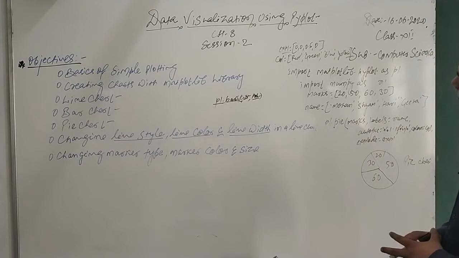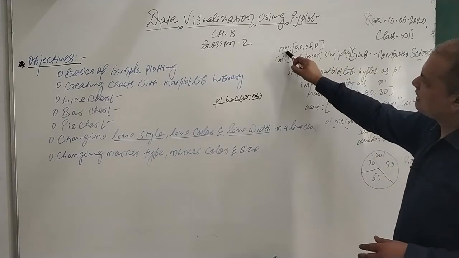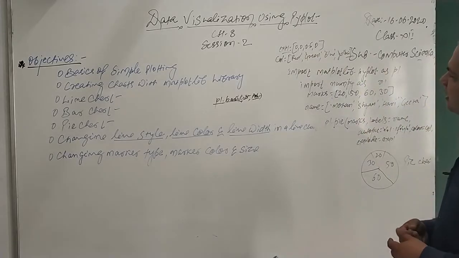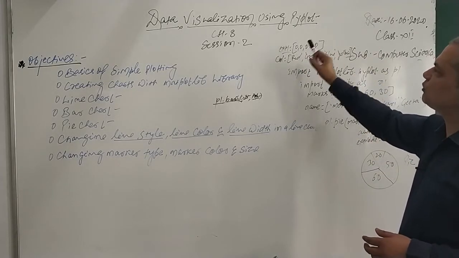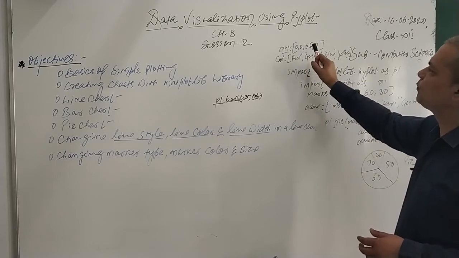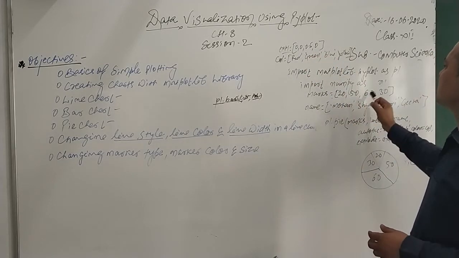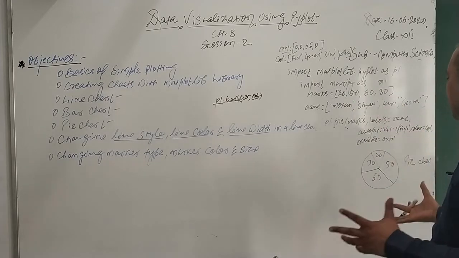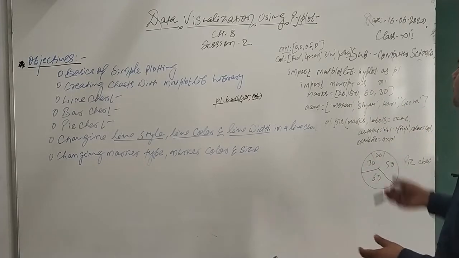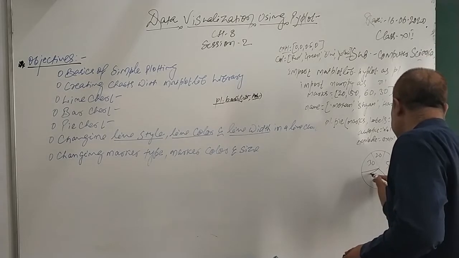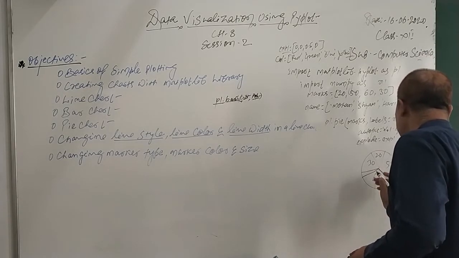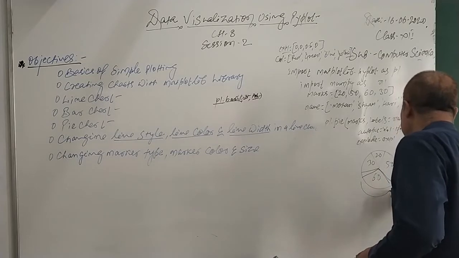Now for that, one is an EXP1 list I created. I'll explain what it is: 0, 0, 0.5, 0. As you can see, for the third element I gave 0.5. Third means it is the 60. Since 60 has the biggest value, I want to explode it. Explode means, as you must have sometimes seen, a slice coming out a little from the circle.